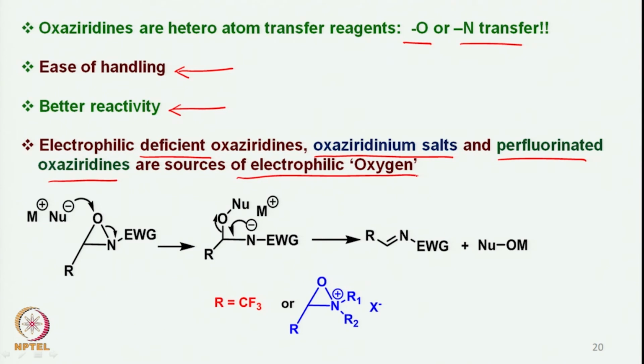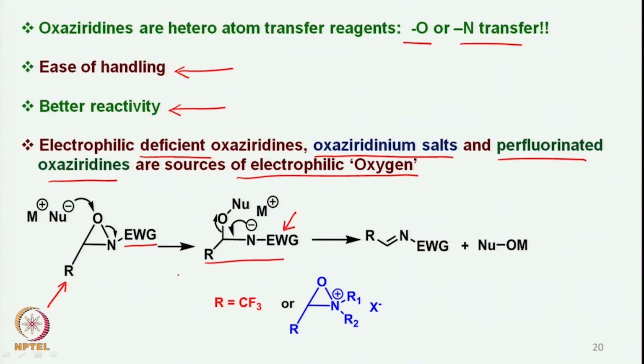If one has an electron withdrawing group here, and also an electron withdrawing group on the nitrogen, then there is a possibility of ready cleavage of this oxygen-nitrogen bond to form this particular anion on the nitrogen, which is due to the influence of the electron withdrawing group on the nitrogen.